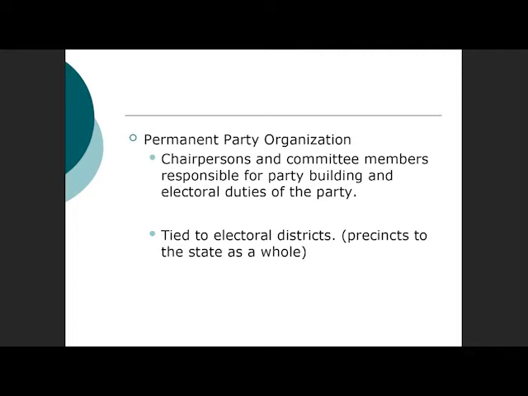And these will go all the way down from state level to state districts to county level and precincts within the counties, right? Each county has 4 precincts, so there's going to be 4 precinct offices in Travis or Williamson County for the Democratic Party, and probably the same for the Republican Party.